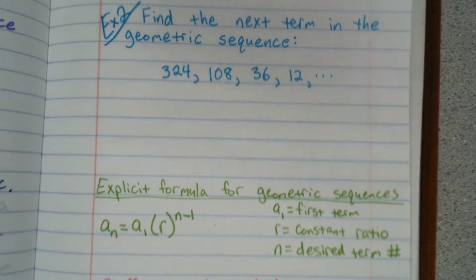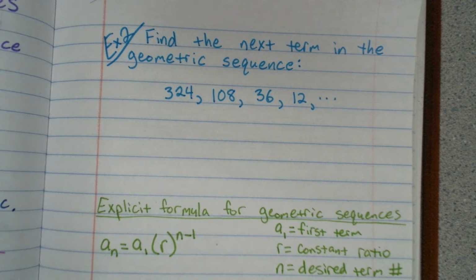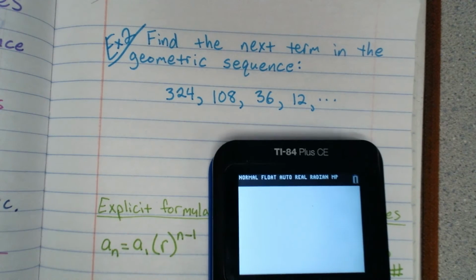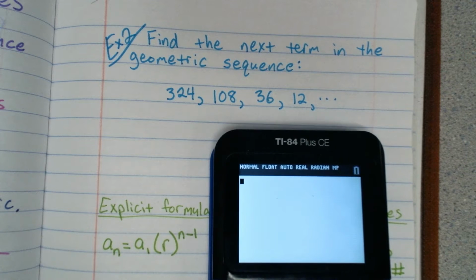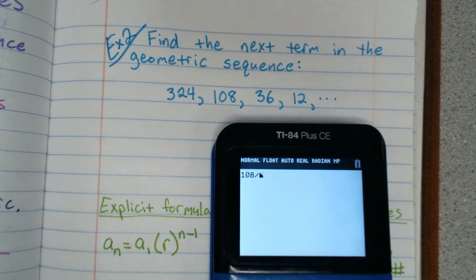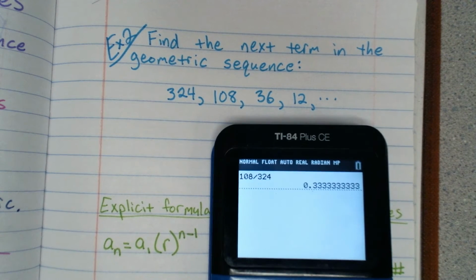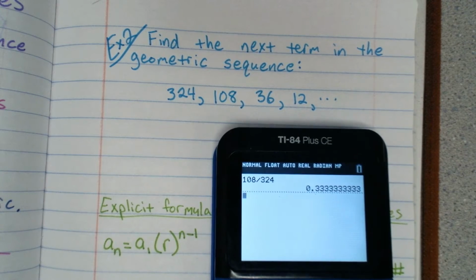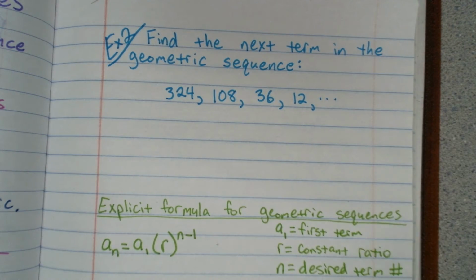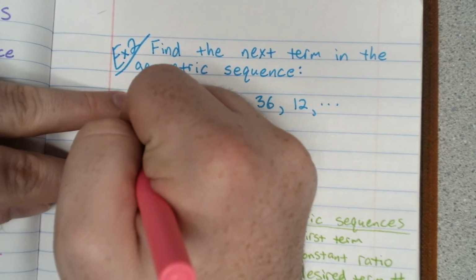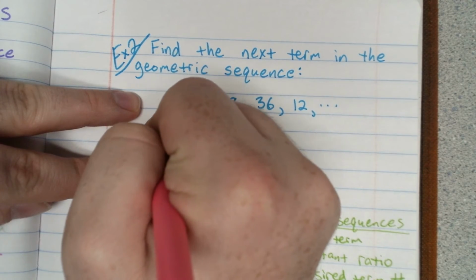Example 2, find the next term in the geometric sequence. If we know this is geometric, we know we are multiplying. Multiplication, 324 times something to get 108. So we reverse it, 108 divided by 324. We get that 0.3 repeating again. So my ratio is 1/3.